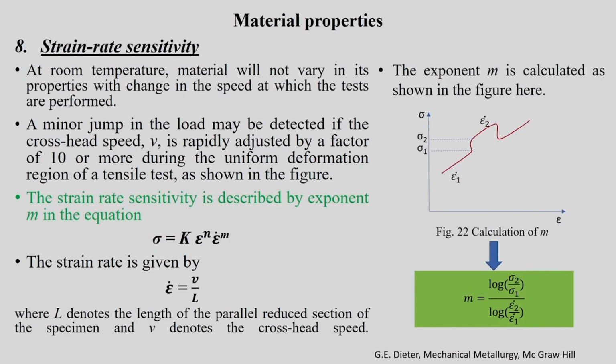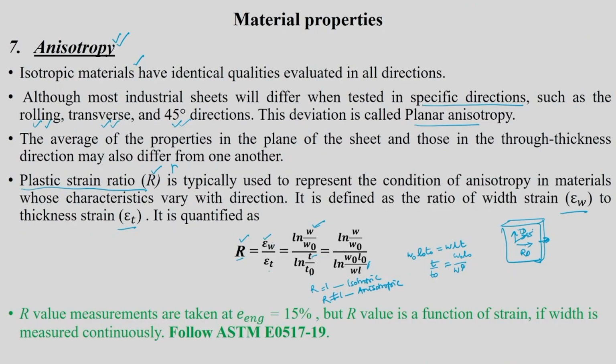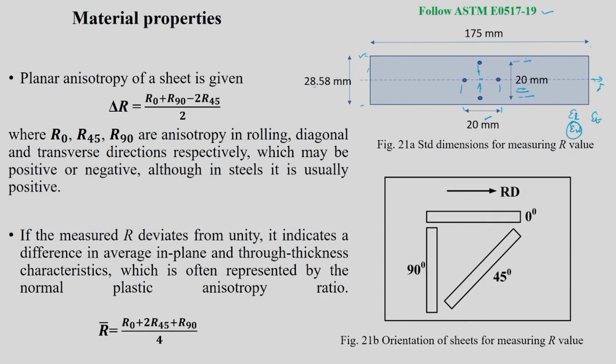And what is the formula for R? R is given by true width strain divided by true thickness strain. So you need only this strain and this strain, which you can get by measuring. With the microscope you can measure the new width, that will give you epsilon W. With a micrometer or a pointed screw gauge, you can get the thickness at maybe 5 different locations and get the new thickness, take an average, that will give you epsilon T. So from this you can get the R value.